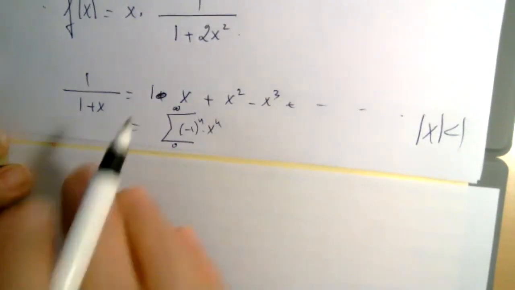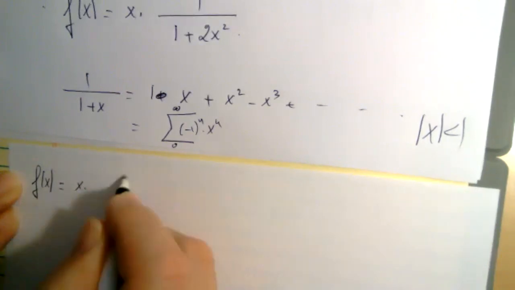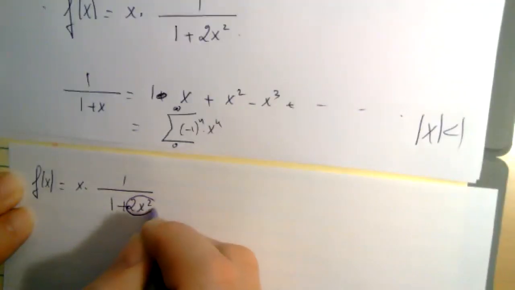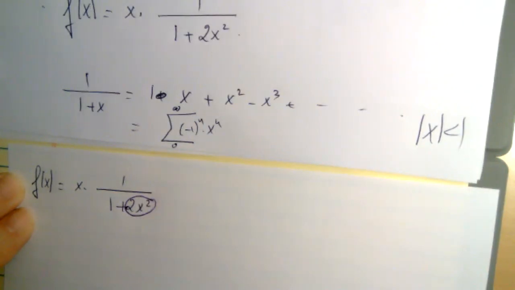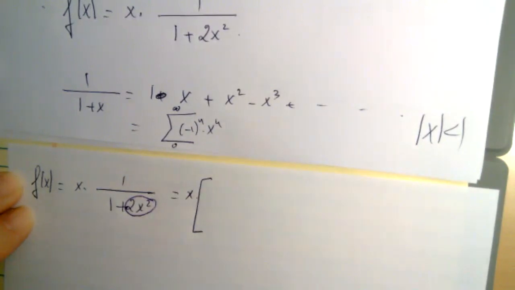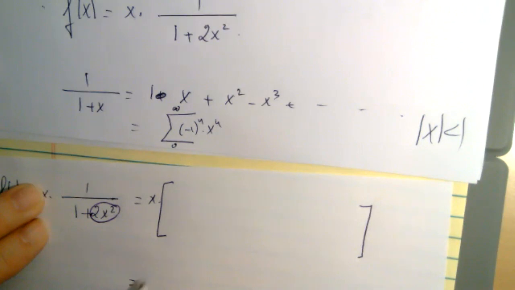So my function now is my f of x is x times 1 over 1 plus 2x squared. And now it's this 2x squared that I need to substitute for x. So this is going to give me x times the sum, and finally the domain.